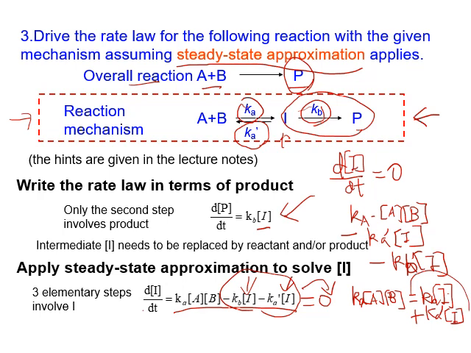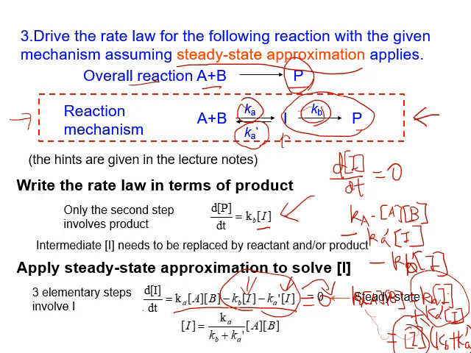And we can factor the I out, so Kb plus Ka prime. All right, and then the concentration of I can be calculated by both sides divided by Kb plus Ka prime. And that's the concentration of I.